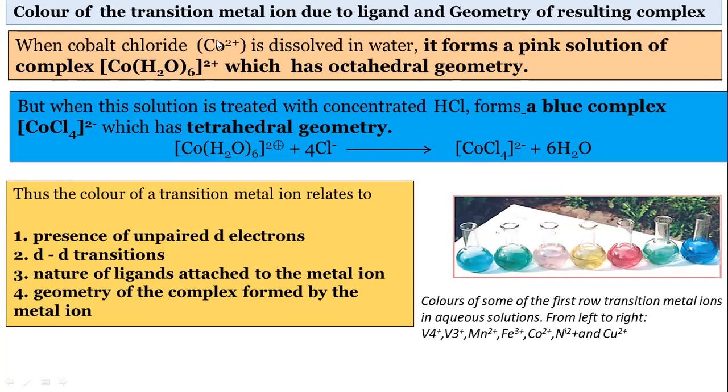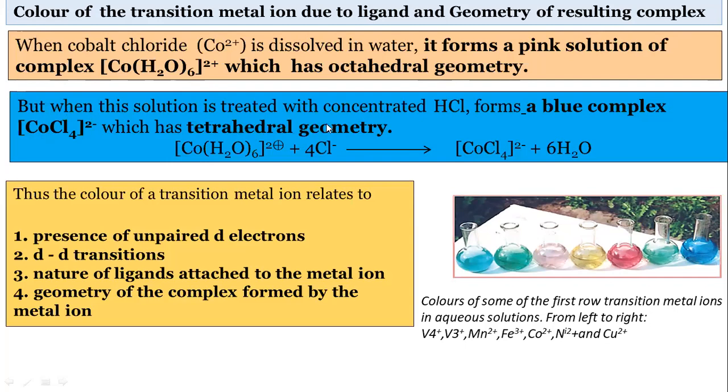And if the same cobalt chloride is dissolved in concentrated HCl, remember, a blue colored solution is prepared. This complex is formed, [CoCl4]2-. Here, four chloride ligands are there, and the geometry of the complex is tetrahedral.